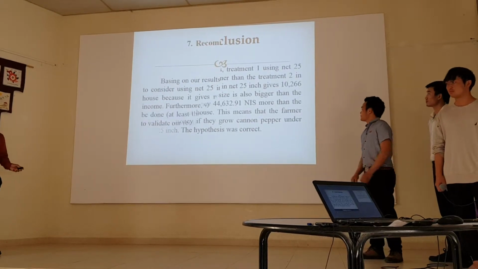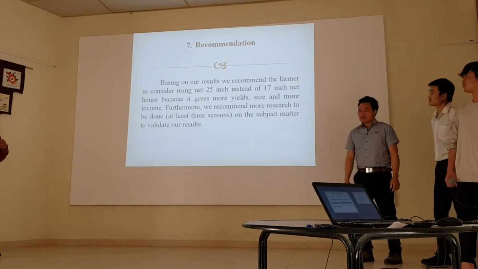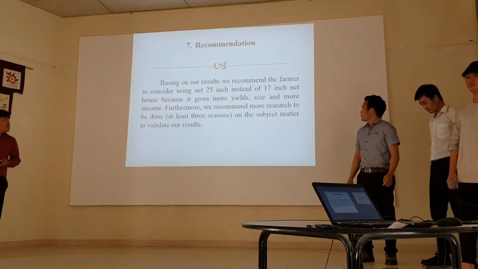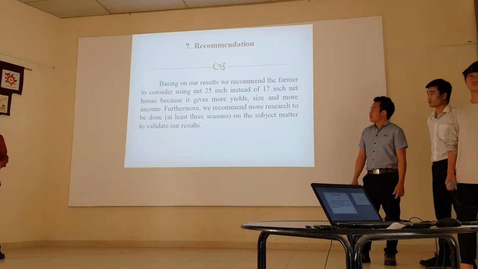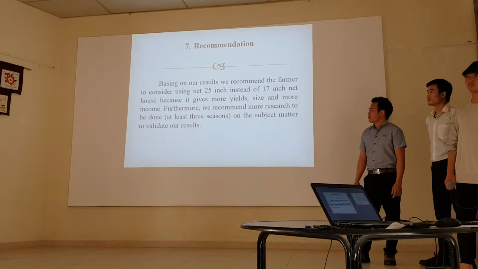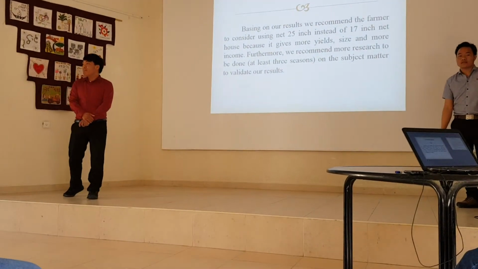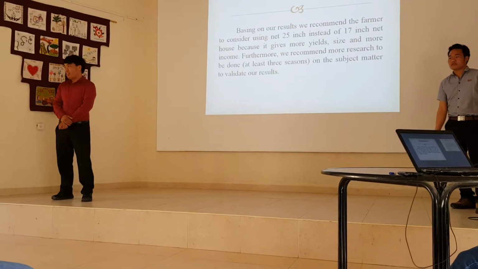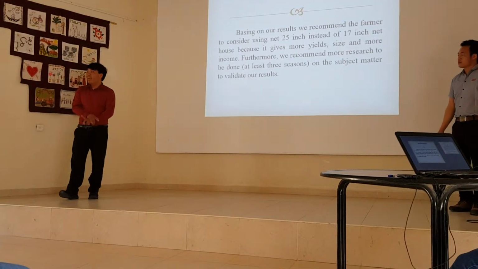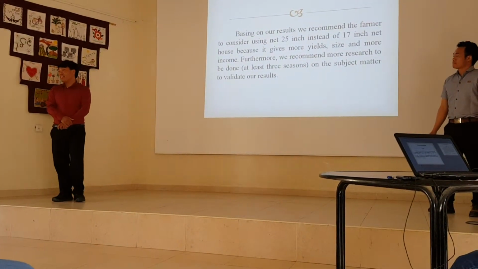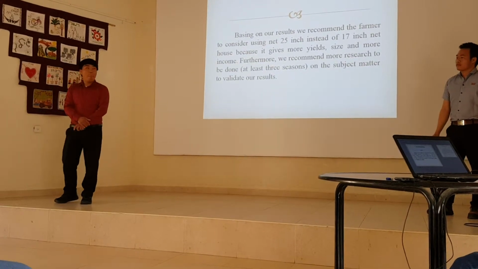Okay. So again, number 7, recommendation. In our research, we recommend that farmers consider using the net 25 inch, because you get a lot of bonus yield and bigger size and income.